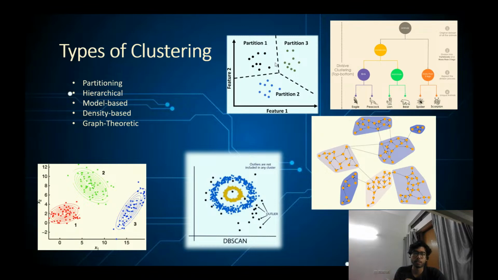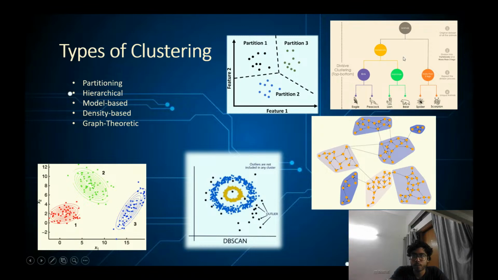It's not possible that some point does not belong to any cluster. So basically you partition your whole space into two or three or any number of parts, such that whichever part the data point falls in belongs to that particular cluster. So that is a partitioning algorithm.